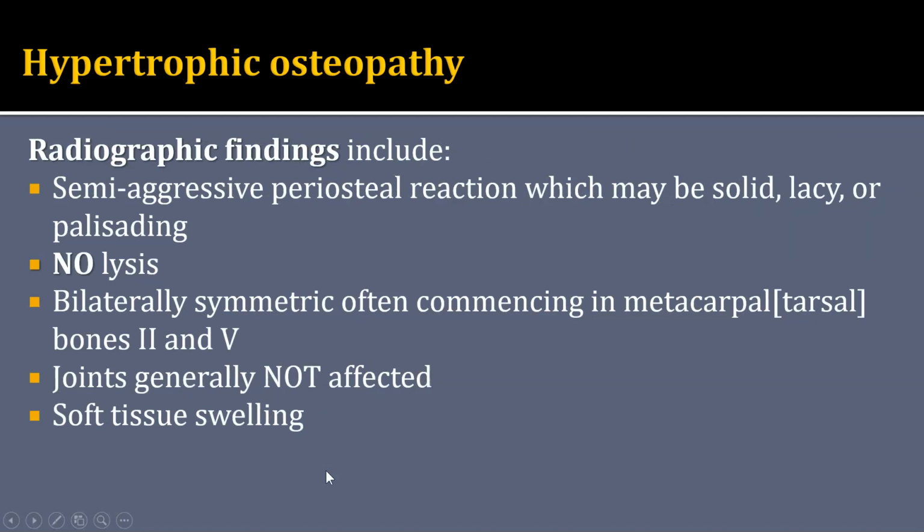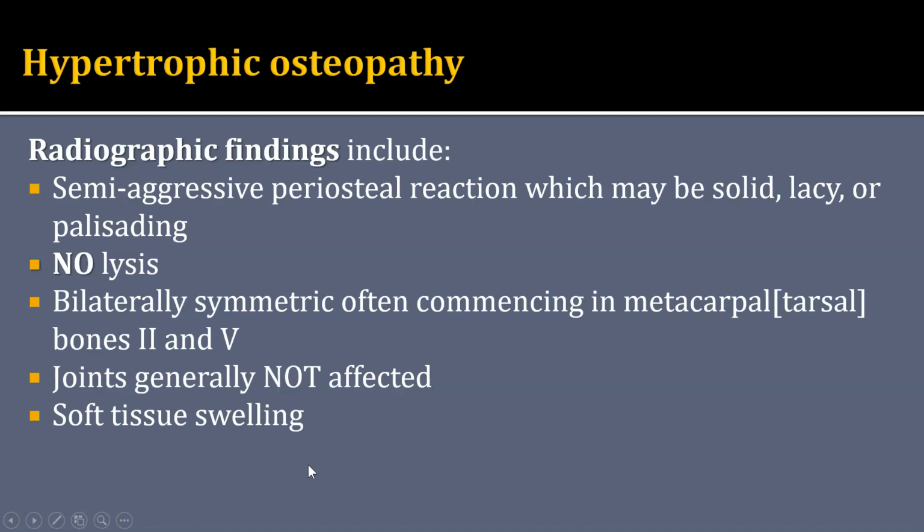Radiographic findings are predominantly of a semi-aggressive periosteal reaction, which can be solid, lacy, or palisading. It is important to note that hypertrophic osteopathy does not have any associated lysis.